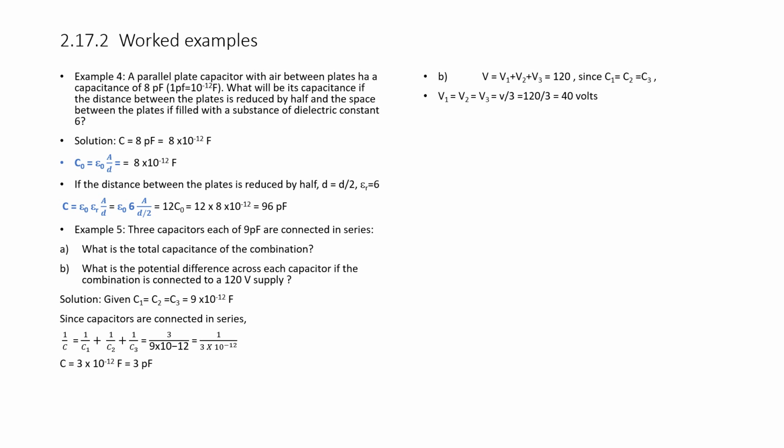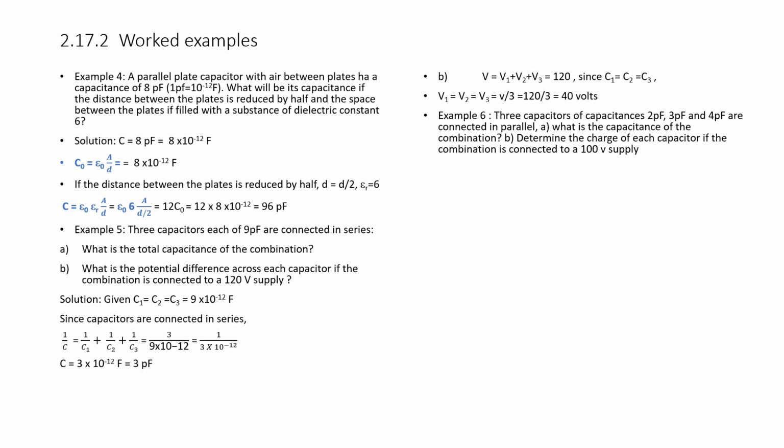Therefore, V1 is equal to V2 is equal to V3 because C1, C2 and C3 have the same values. Therefore, it is 120 V divided by 3, that is equal to 40 volts. See, the potential difference across each capacitor is 40 volts.